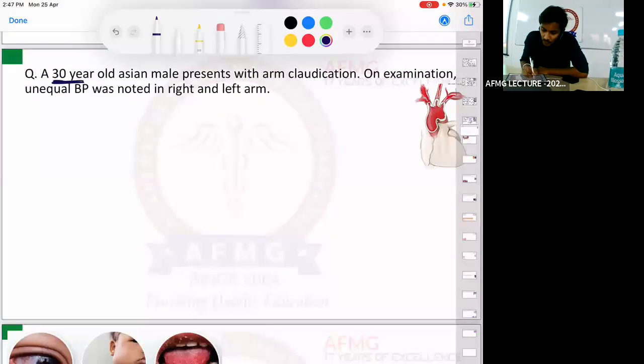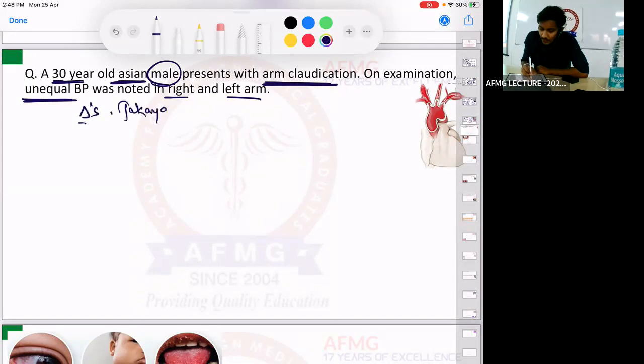A 30-year-old Asian male presents with arm claudication. That means whenever he starts writing, there will be pain. On examination, unequal BP was noted in the right and left arm. Diagnosis is Takayasu arteritis.